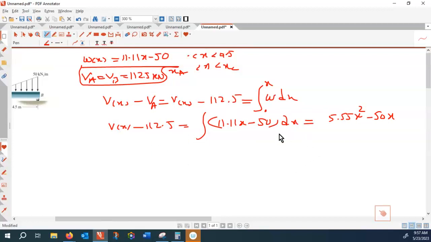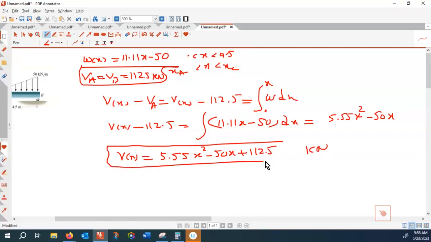And then if I take that one to the other side, my shear force is 5.55 x squared minus 50x plus 112.5, that is in kilonewton. Is that clear?